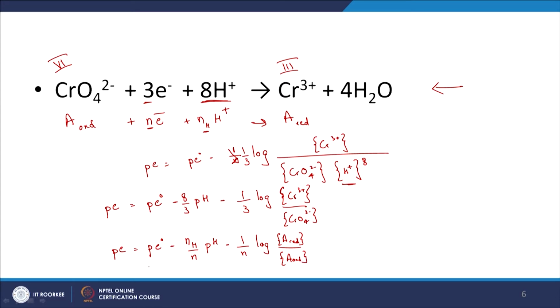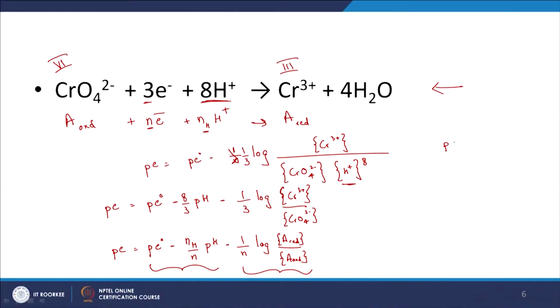And the reason we express H plus outside this set of variables is that usually, when we calculate pe, the pe naught values or 1 by n log K values are significant compared to these Q dash or log Q dash values. But pH will have a considerable role to play.